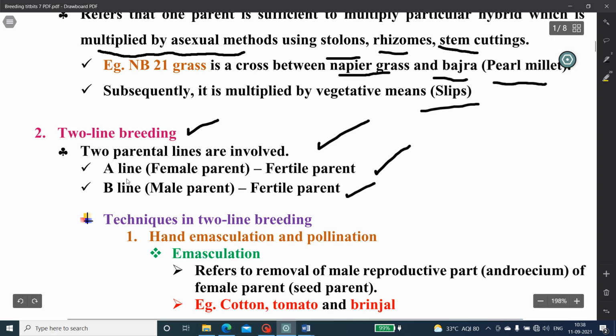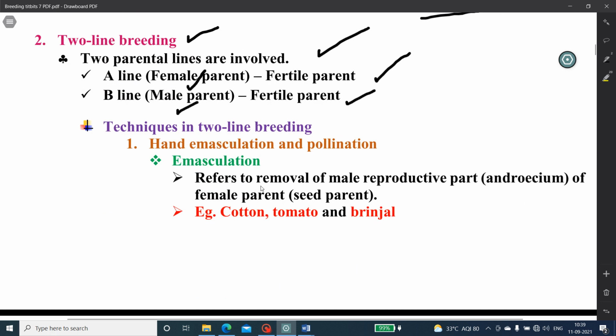Here the A line is used as the female parent and the B line is used as the male parent. In this two line breeding, there are different techniques and methods, and we will see them one by one.